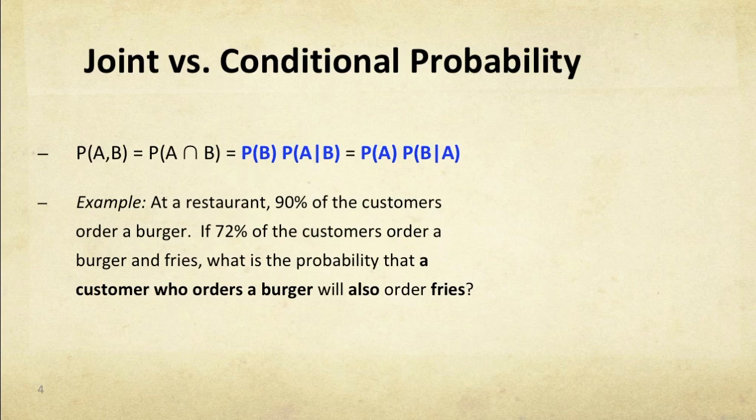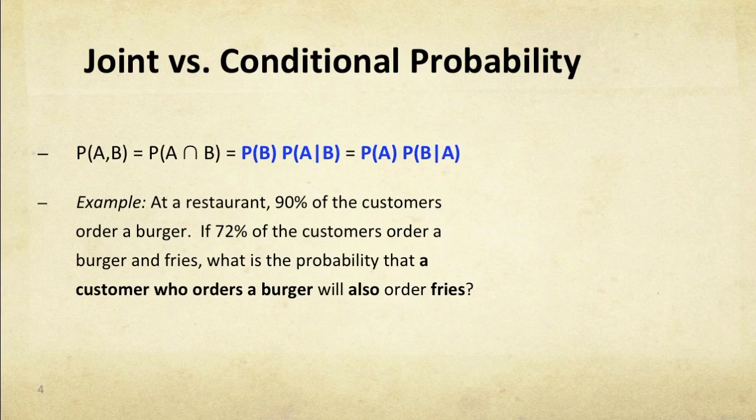Now let's take a step further and look at joint probability of dependent events. And this is also relevant to the naive-Bayes modeling. So if A and B are dependent, for example, if the occurrence of A is dependent on the occurrence of B, then the joint probability can be computed by P(B) times P(A given B).